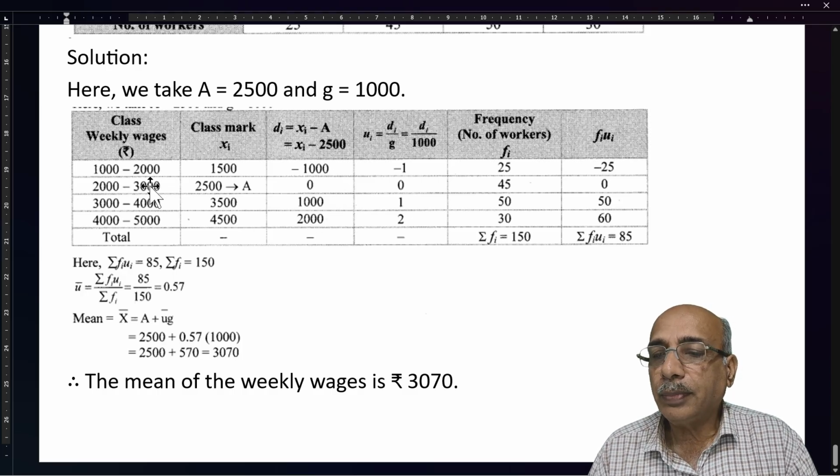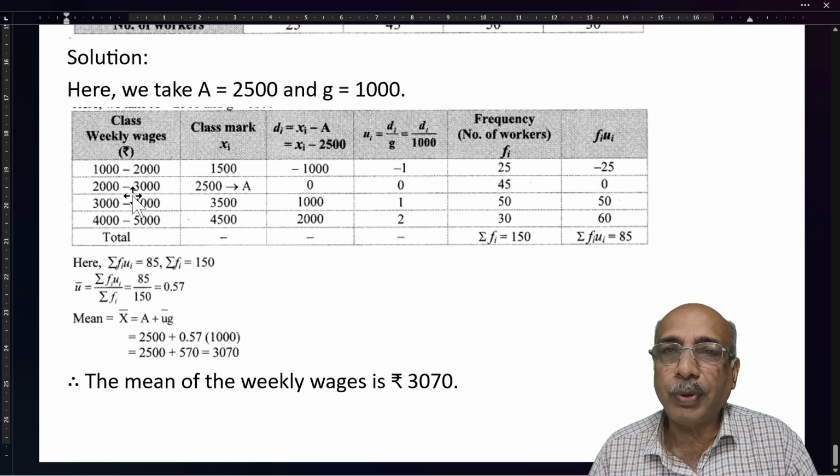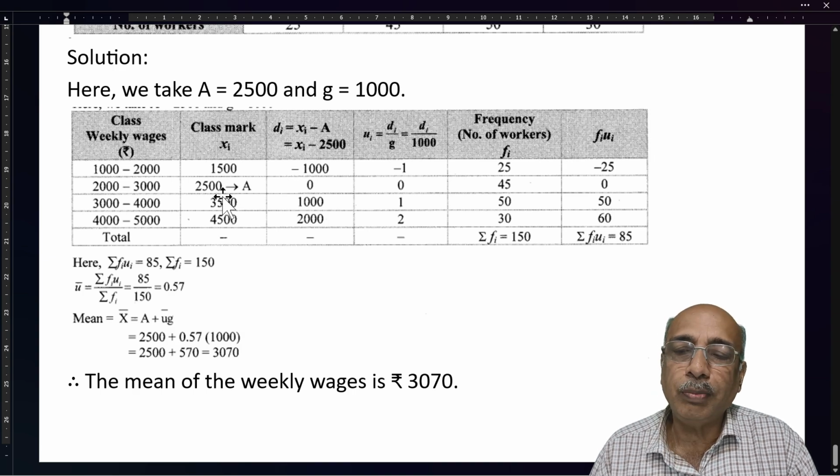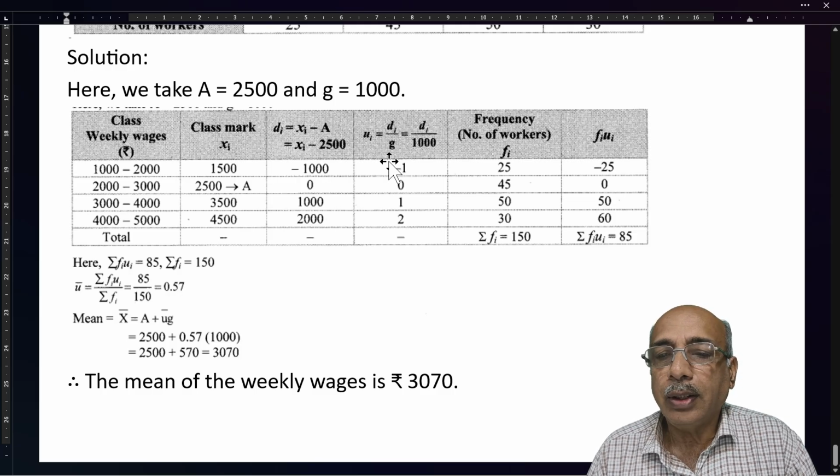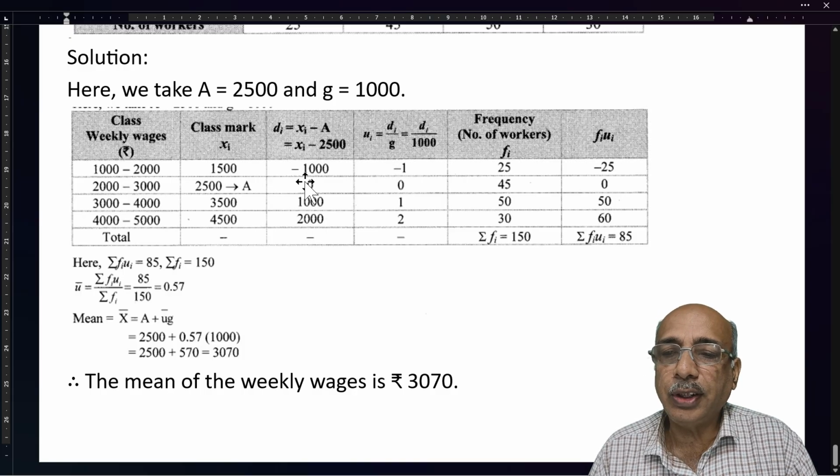So here class interval you know how to write, weekly wages. Xi, mean of the class, you know how to calculate, and di calculating taking assumed mean, here you have taken as 2500. So simplify, you will get the value of di. ui equals di upon G. What is G here? 1000, GCD of di.